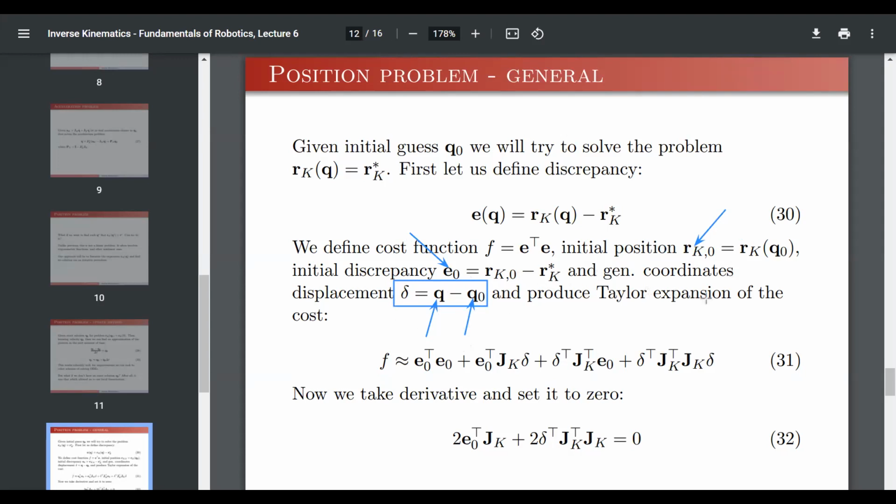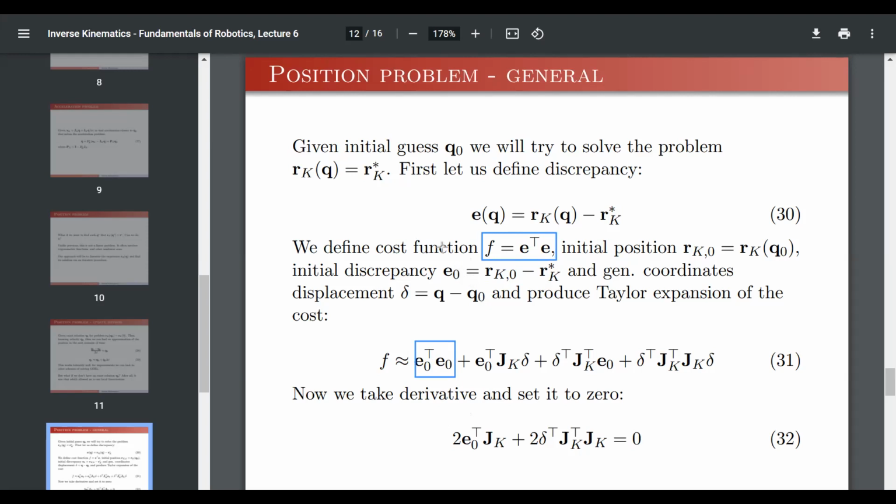Now we want to produce a Taylor expansion of the cost function. I hope you remember how it's done. First, you get your original function evaluated at the point. Okay, so our function, let me clear everything, is here. We evaluate it at the point E0.